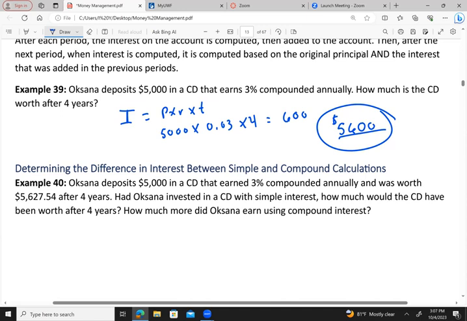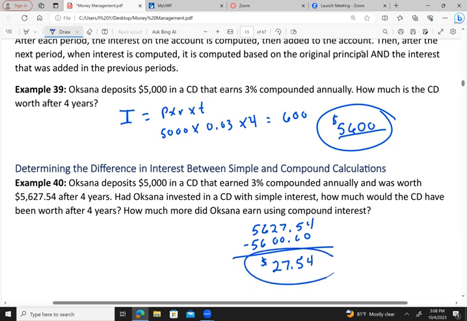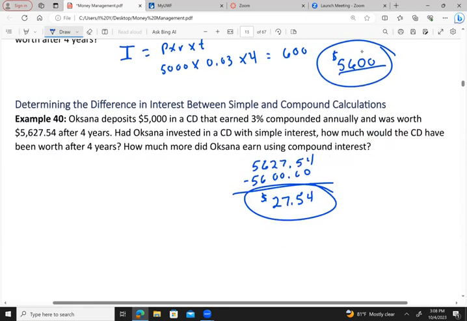So how much more did Oksana earn using compound interest? Well, with the compound interest she had $5,627.54. With the simple interest, it was $5,600. The difference is simply $27.54. So not a whole lot, but it adds up over time. That's the trick.